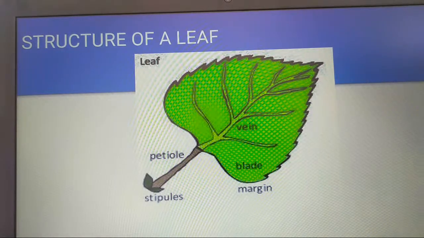A thick line runs in the center of a leaf towards its tip, as you can see in the module. There is a thick line which is running in the center of a leaf towards its tip. This is the central vein, also known as the midrib.